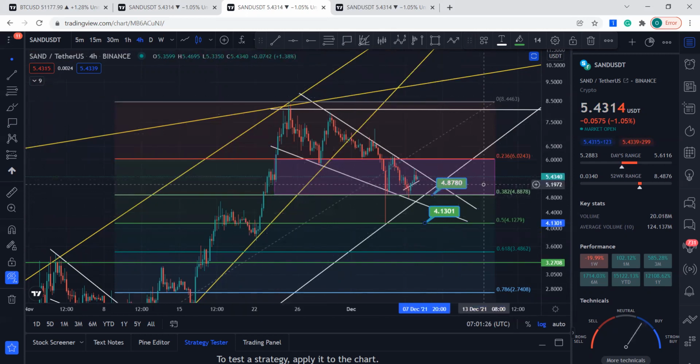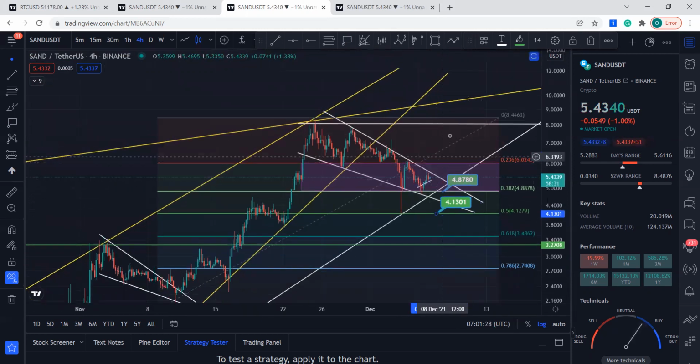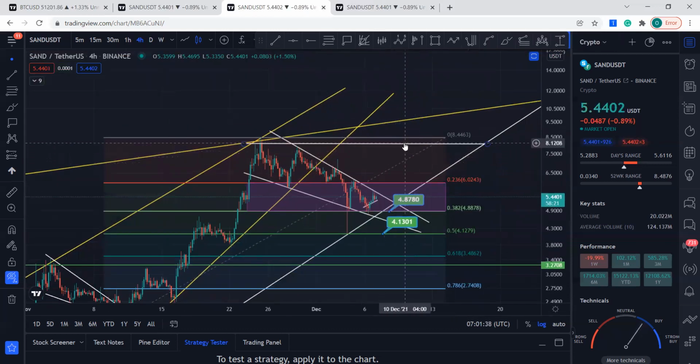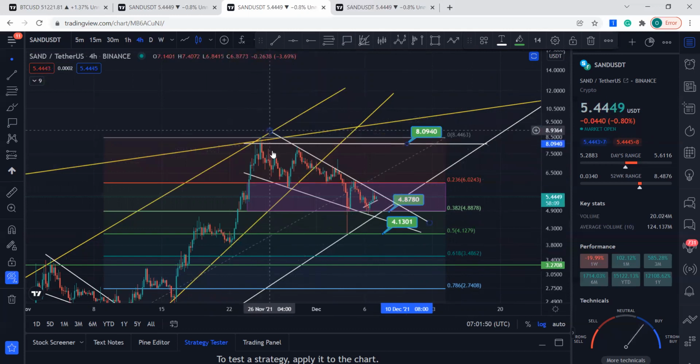So that's a bullish pattern, and we want to see Sand test this level at $6.02, then break it to the upside. If it breaks to the upside, this is going to be your target, $8.09, because it's a falling wedge and the upside target is always at the top of the wedge.